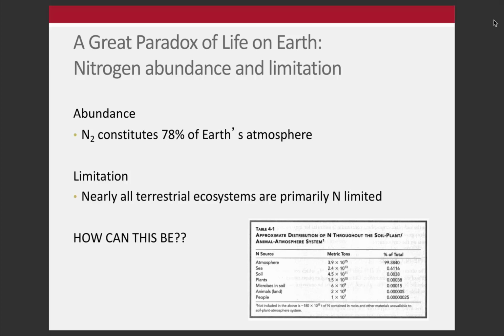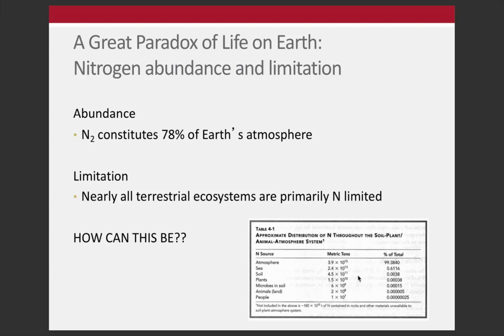The form of nitrogen that exists, this N2 gas, is very, very difficult for life, for organisms to access, right? If you look at the table here, this is from the Haviland textbook, just the approximate distribution of nitrogen through the plant, soil, atmosphere, animal system, on a global scale.